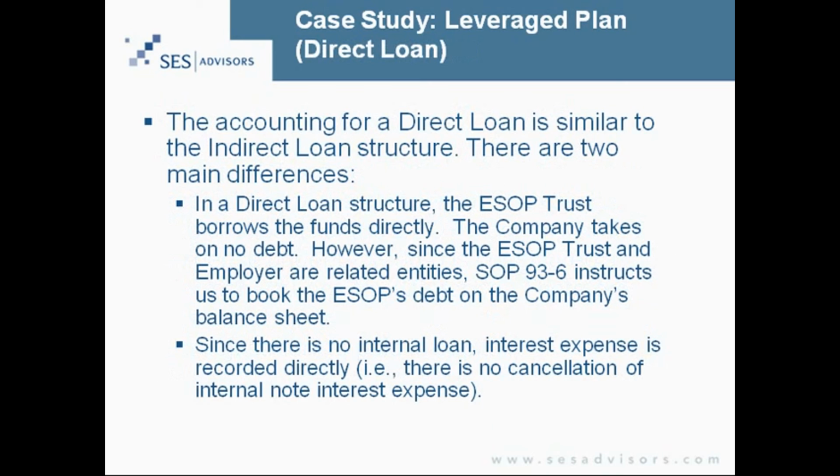So we're recording a note payable even in a direct loan structure. Now there's no internal loan, so our interest expense is recorded directly. As the debt's repaid, contributions are made, interest expense is recorded and paid out to the bank or selling shareholder.